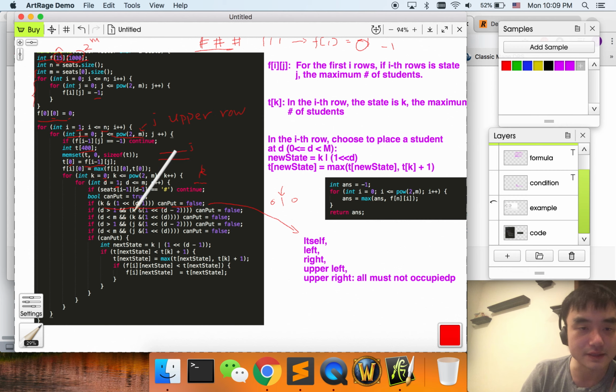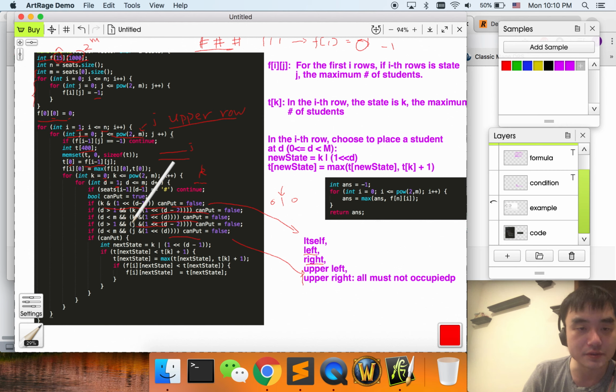So this part makes sure of that, this part makes sure that its left seat is also not occupied, and this part makes sure that the right seat is not occupied. And this part deals with J. Do you still remember that J means the state of the upper row? So here is where we check the upper left is not occupied, and here is where we check the upper right is not occupied.